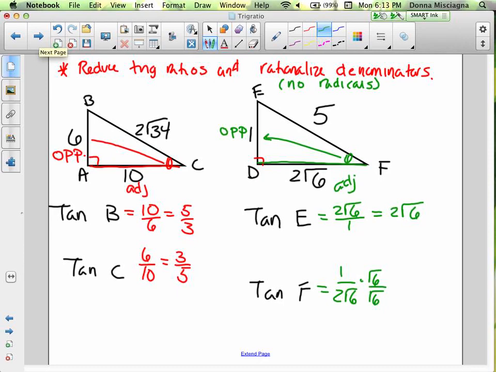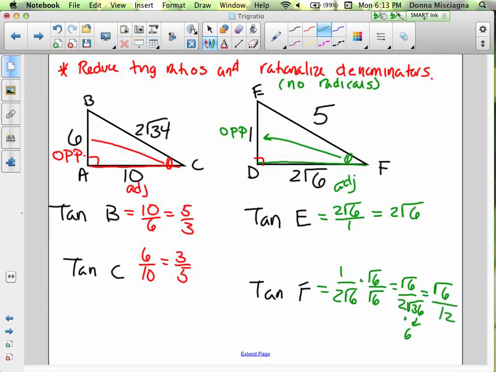So 1 times the square root of 6 is the square root of 6. And then we have a 2. Square root of 6 times the square root of 6 is the square root of 36. Well, we know that's just 6. So here we're going to have the square root of 6. And I'm just going to put a little arrow here. This is just 6. And 2 times 6 is 12.